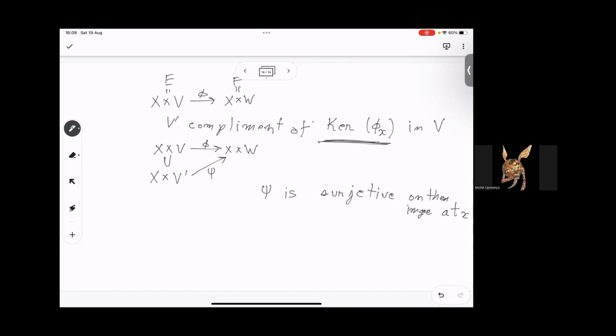Now, what you need to notice is that the rank of phi_y is always going to be greater than or equal to the rank of phi_x in a neighborhood. For a small enough neighborhood, this will always be true.